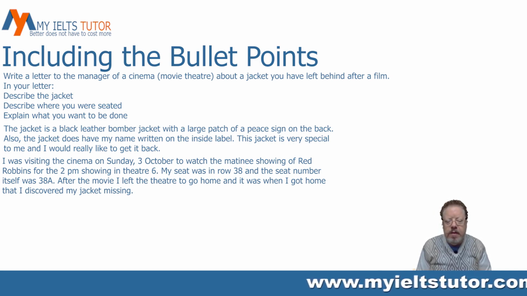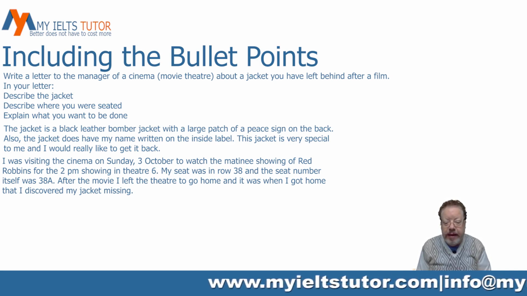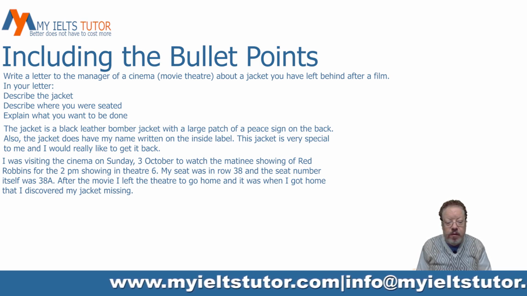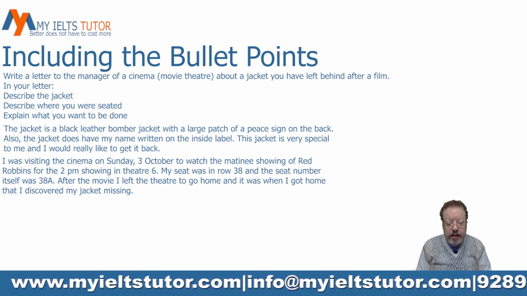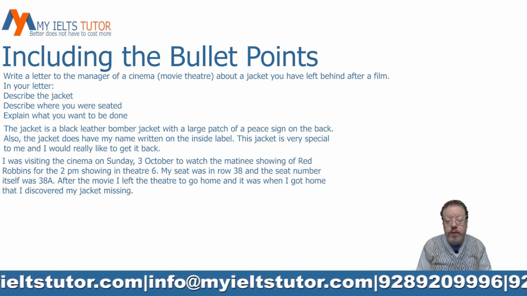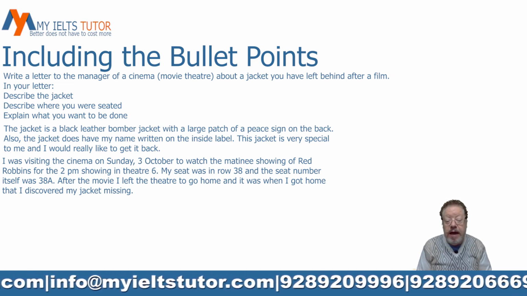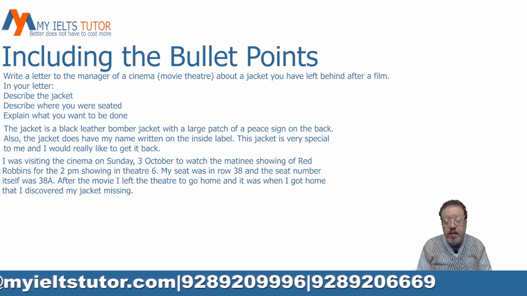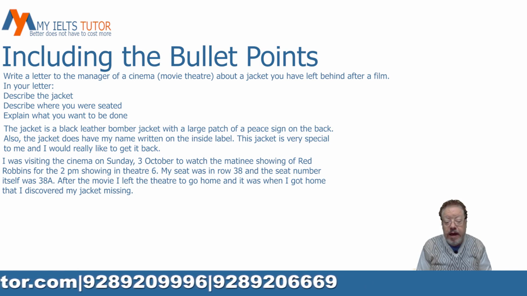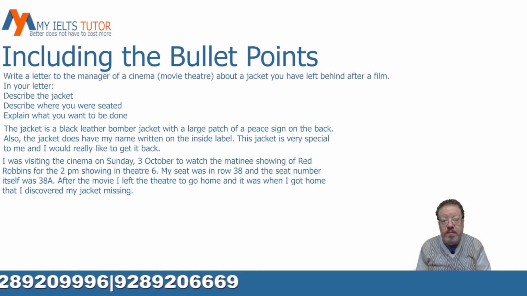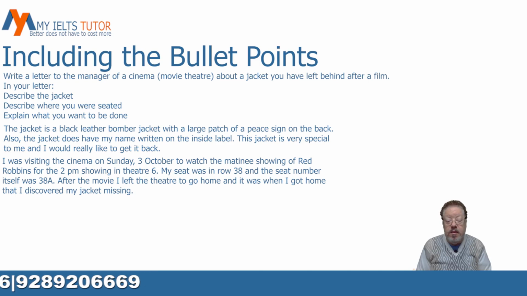Here, my seat was in row 38, and the seat number itself was 38A. And then the first sentence of the second paragraph has theater 6, so it's very specific which theater it was in.